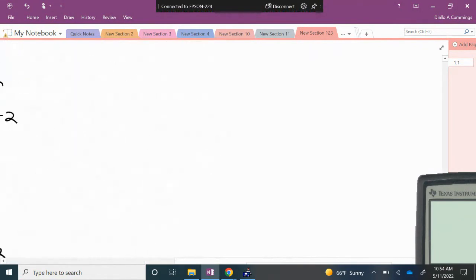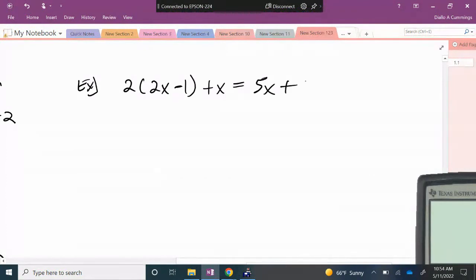All right, so let's look at this example. 2 times the quantity 2x minus 1 plus x is equal to 5x plus 2. It looks the same, but it's a little bit different. All right, so if I follow the same steps, I'm going to distribute 2 on the left-hand side.